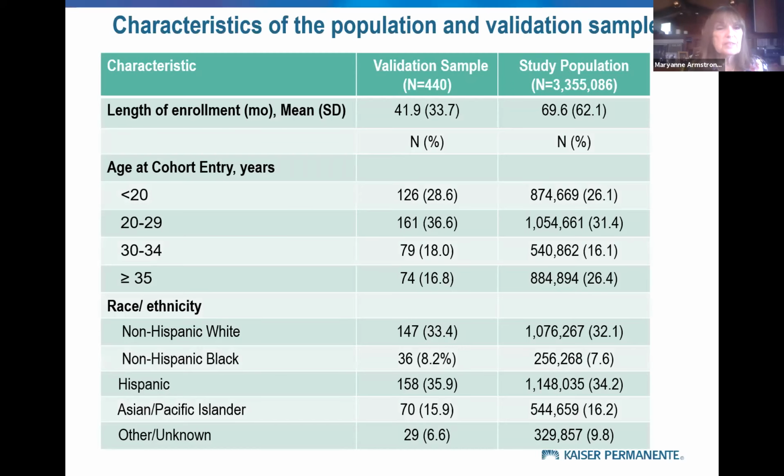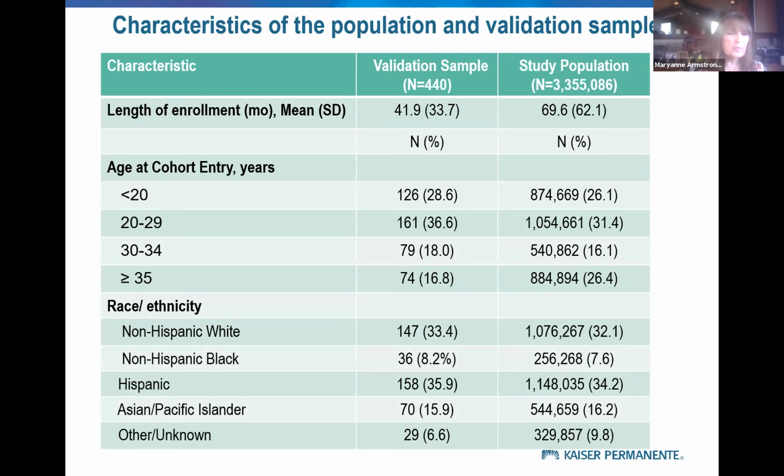So here are the results. Next 3 slides look at the characteristics of the population and the validation sample. So compared to the study population, the validation cohort was slightly younger, about 65% under 30 versus about 57% under 30.